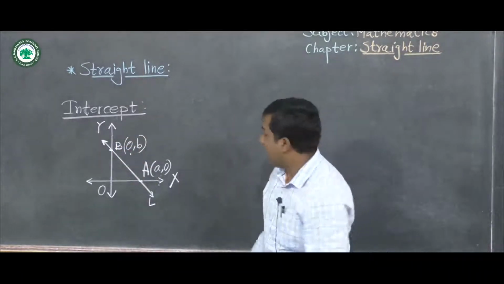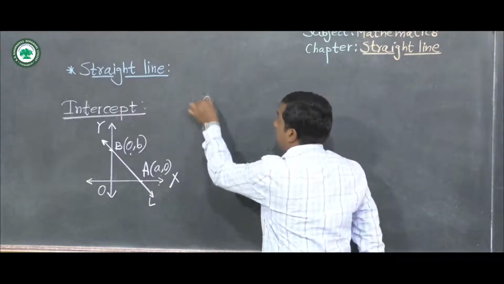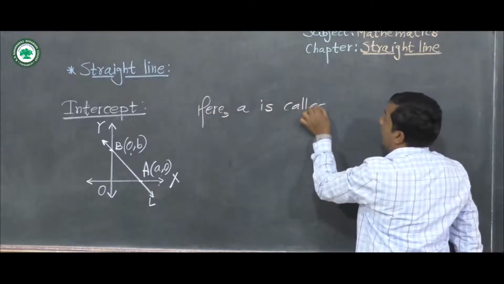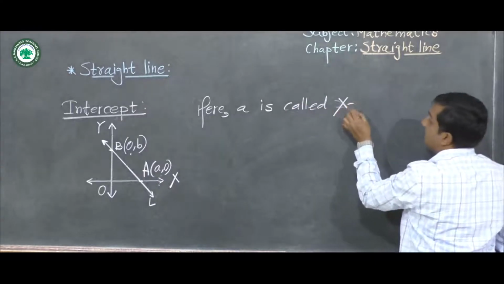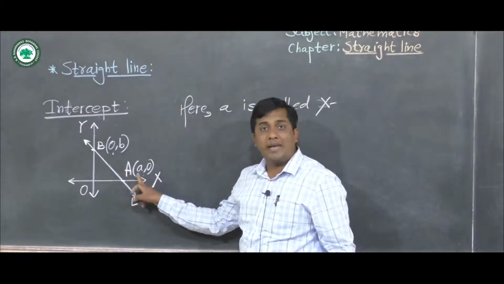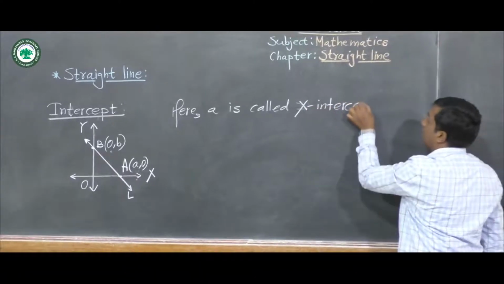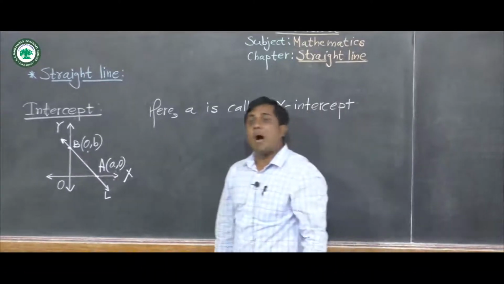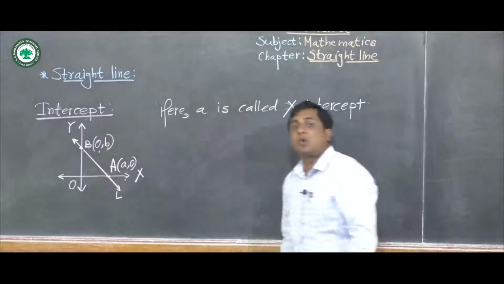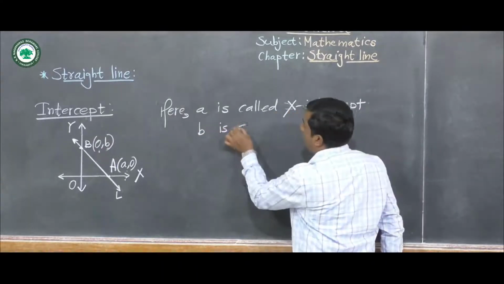Now here this small a is called the x-intercept, since our point A lies on the x-axis. Similarly, on the y-axis our point is B, and here this small b is called the y-intercept.